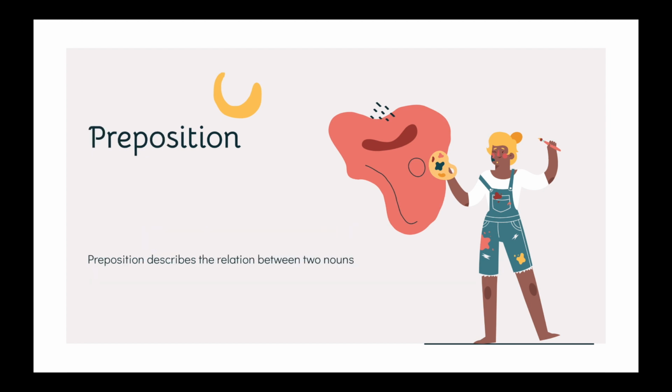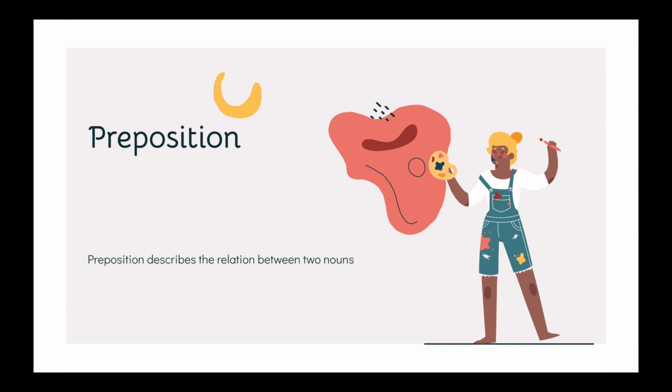Okay, so for example, I hide under a table, for example. Okay, when I talk about under the table, okay, the word under describes the relationship between I and the table. So where are you in that situation?